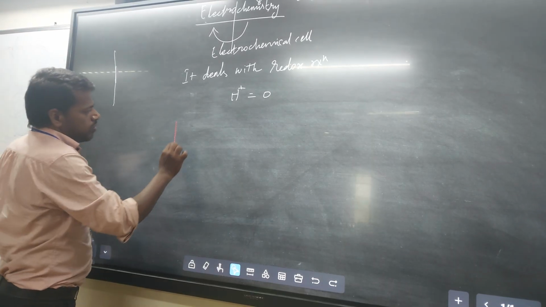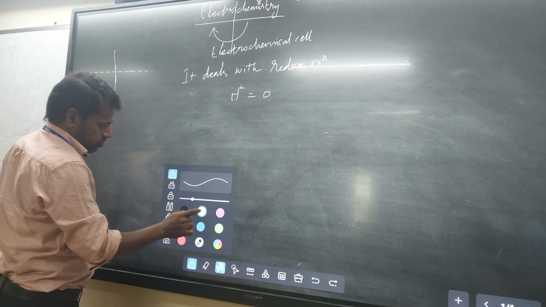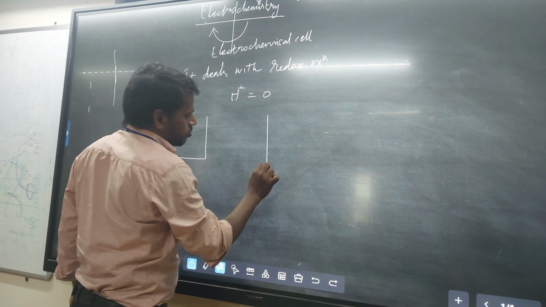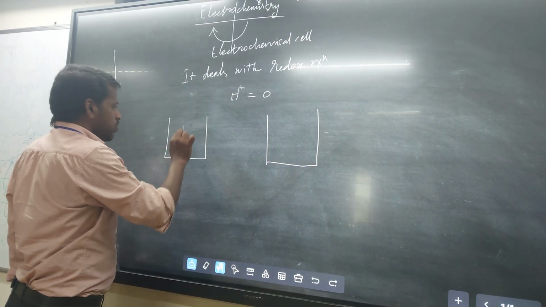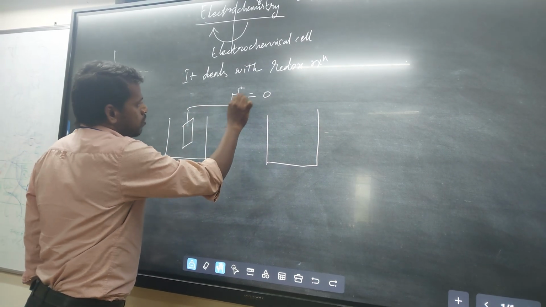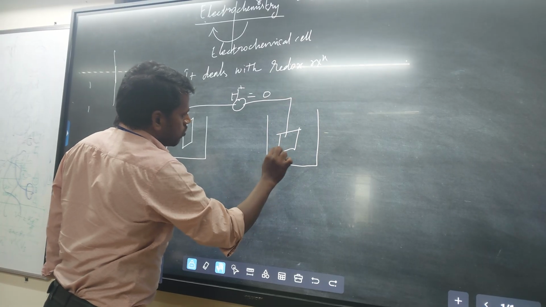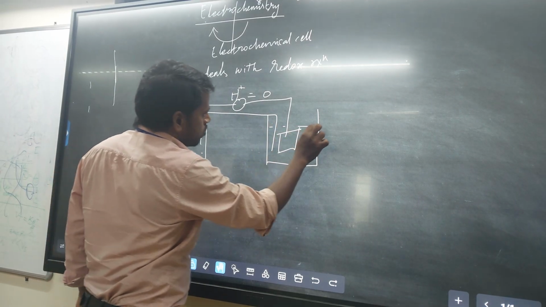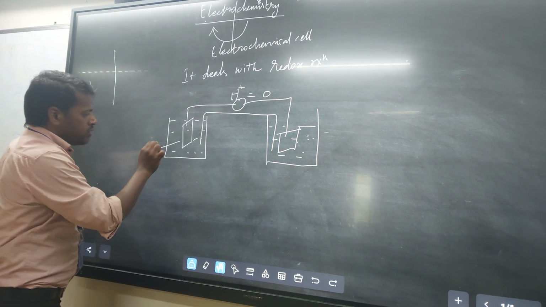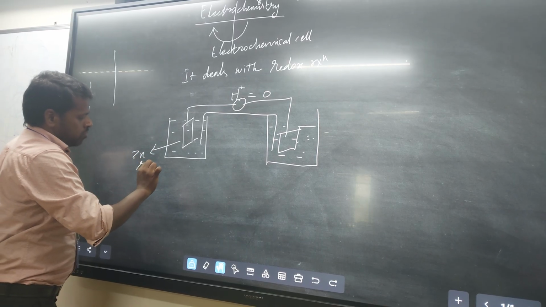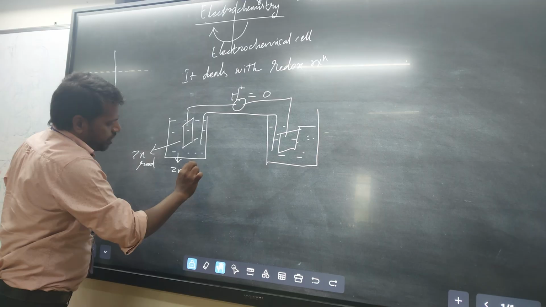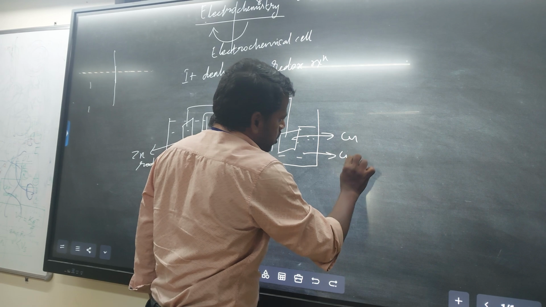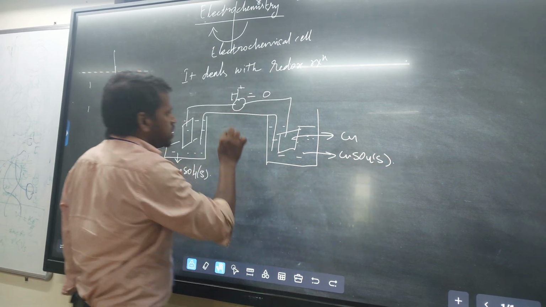See, look at here. This is a zinc rod and this is a zinc sulfate, ZnSO4, solution, and this is a copper rod, this one copper sulfate solution, and this is a salt bridge.